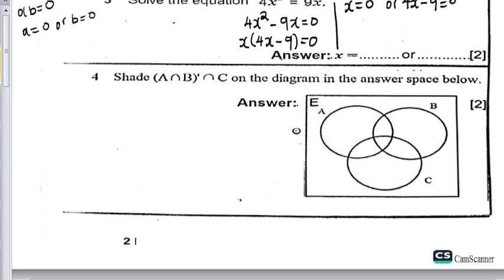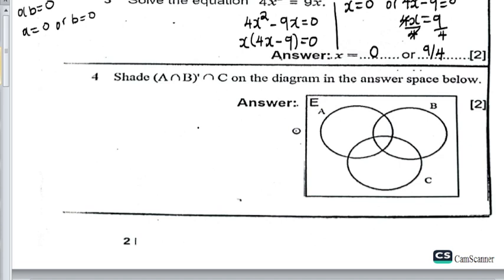Then the 9 is negative, when it crosses the equal sign, it will be positive. 4x is equal to positive 9. Then we divide by 4 on both sides, and the 4 cancels. So on the answer space, we will say x is equal to 0 or x is equal to 9 over 4. You can write it as an improper fraction, it's okay, or you can write it as a mixed fraction. So that is how you can go about this.